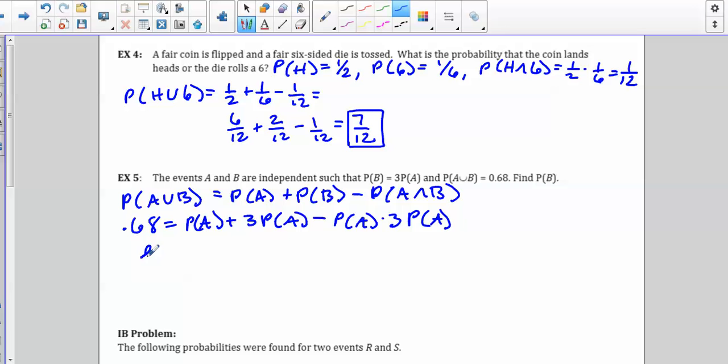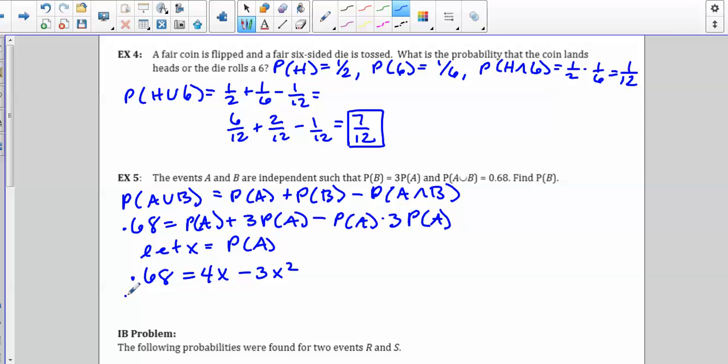I'm going to say let x equal the probability of A. And so now I have 0.68 equals the probability of A and 3 times the probability of A. That makes 4 times the probability of A, which is 4x, minus, this is x and this is 3x, so that will be 3x squared. So move everything to the same side and set it equal to 0.